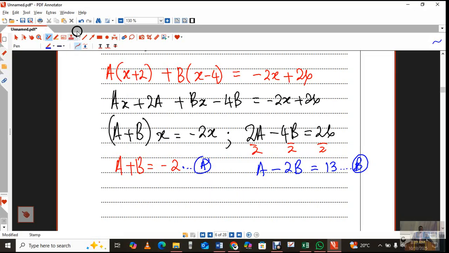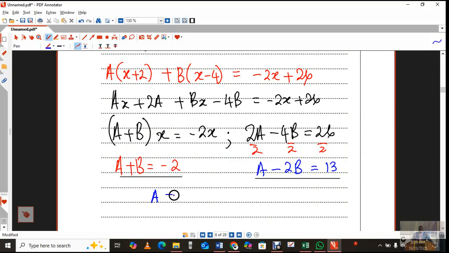All right, it might look a bit sketchy if I use the same sort of letters, but this is my first equation and this is my second equation. So I'm going to solve them simultaneously by subtracting.